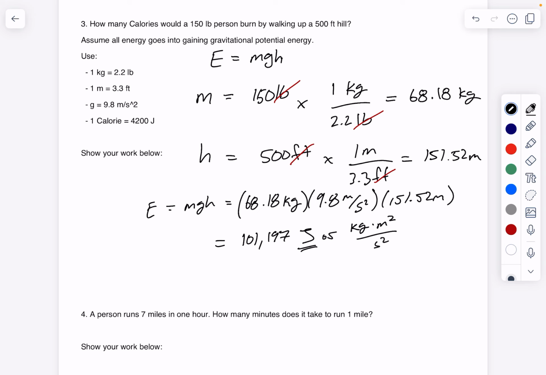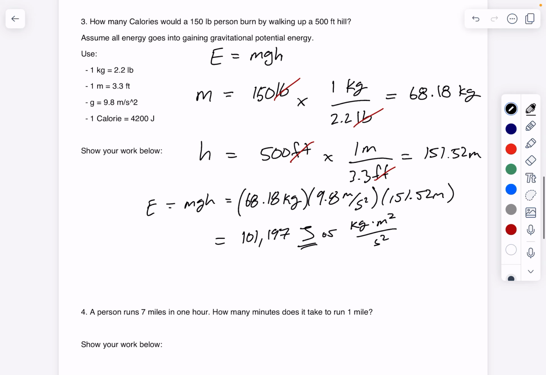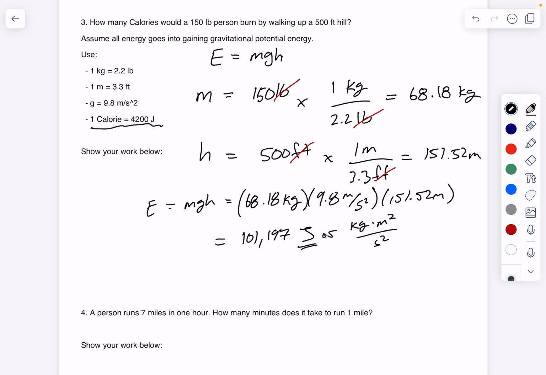Okay, then in order to convert that into calories, we can see here that one nutrition calorie is equal to 4,200 joules. So we'll just take our 101,197 joules and multiply by 1 calorie divided by 4,200 joules, and this will get our units to cancel, which is what this is all about, and we will be left with 24.1 calories.